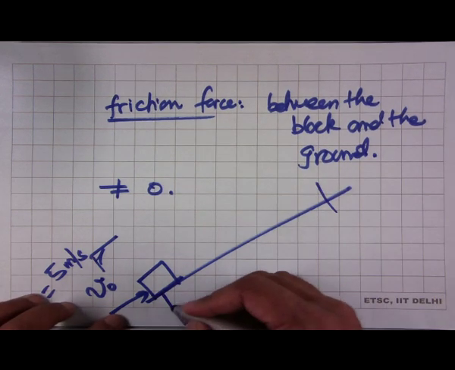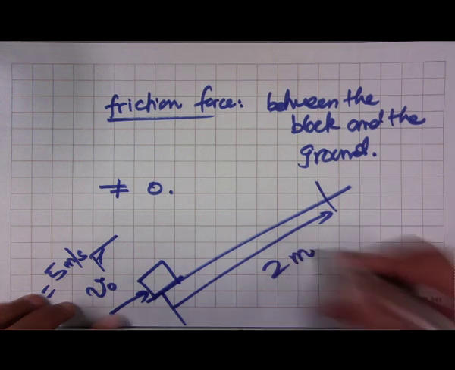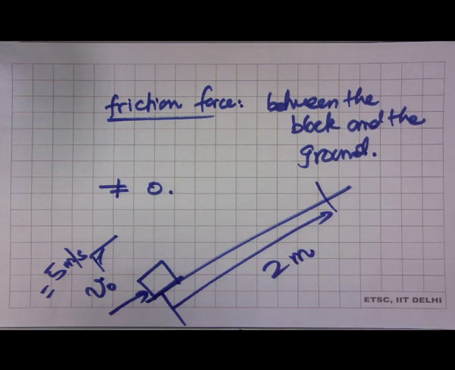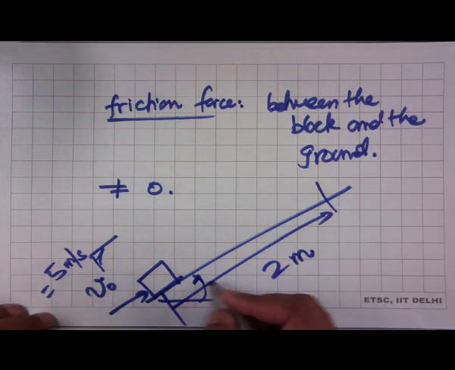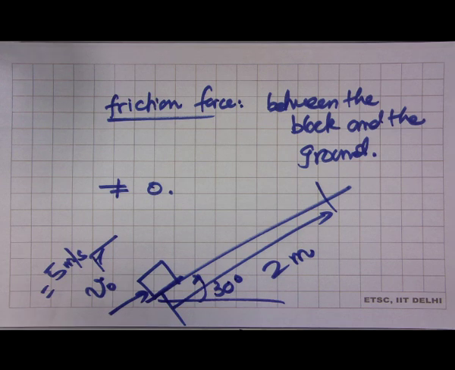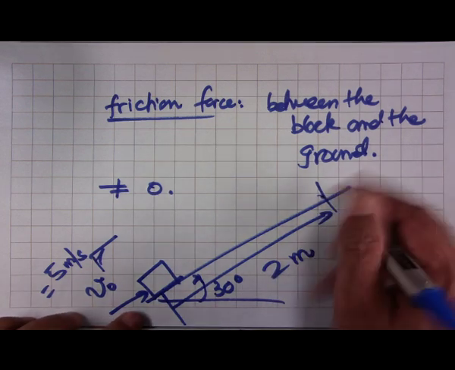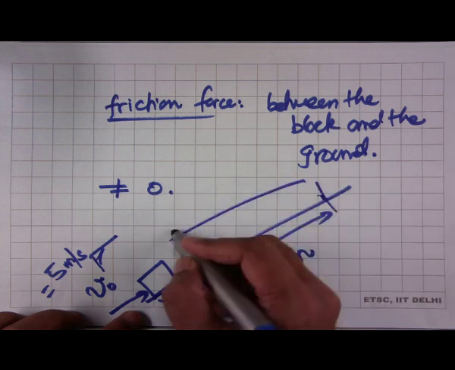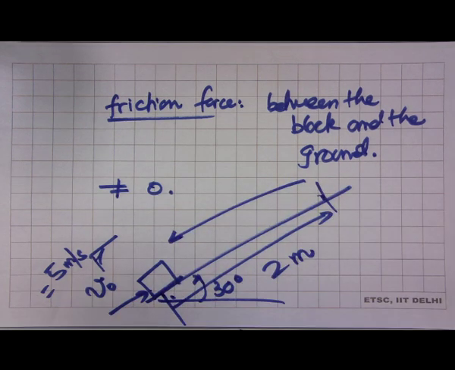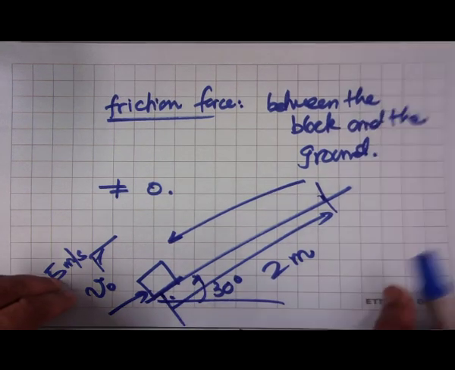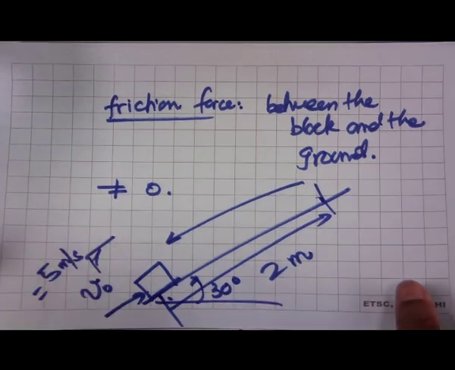It travels a distance d which is equal to 2 meters, it goes up the ramp and this angle is given to be 30 degrees, and after that what we want to find is, it stops there and then it comes down, and when it comes back to this position, we wish to find the speed, the velocity of the block.